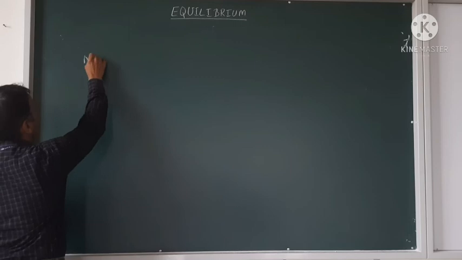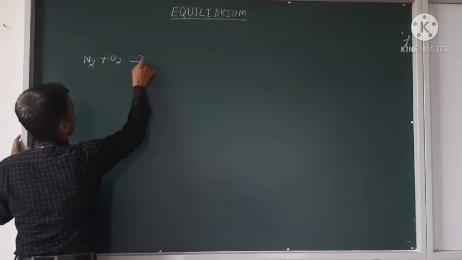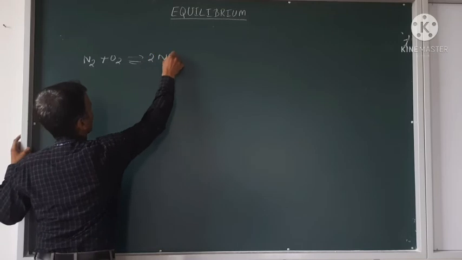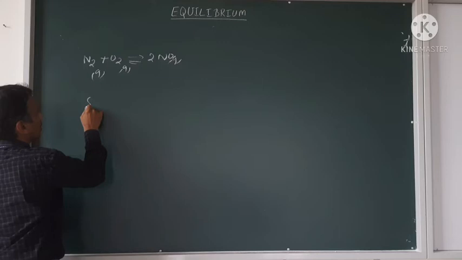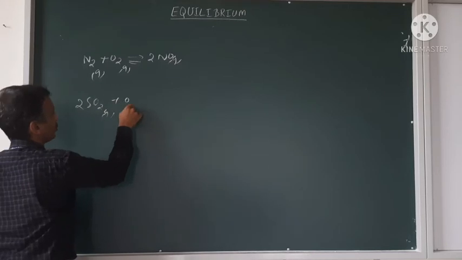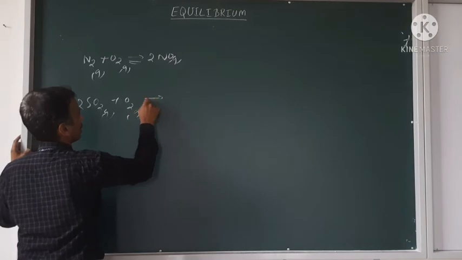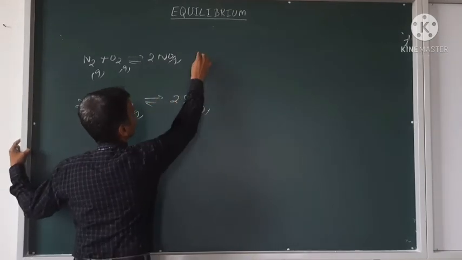Say N2 plus O2 giving 2NO. It is at equilibrium. Or SO2 plus O2 gas giving 2SO3 gas.